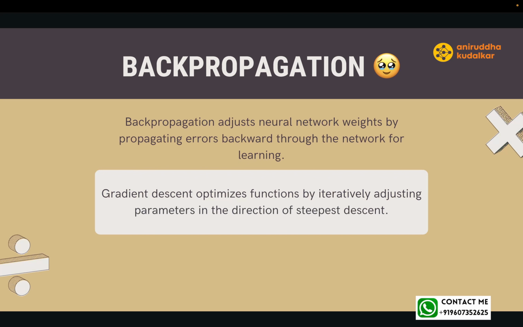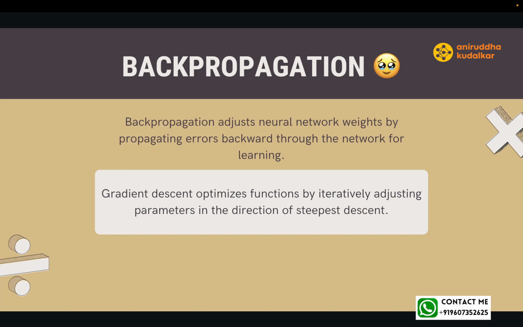What is backpropagation? It may sound a little bit new to you, but this is one of the things used in neural networks to adjust the weights. Now, what do you mean by weight? We will see. Errors are backpropagated through the layers of the neural network, and weights are getting updated.